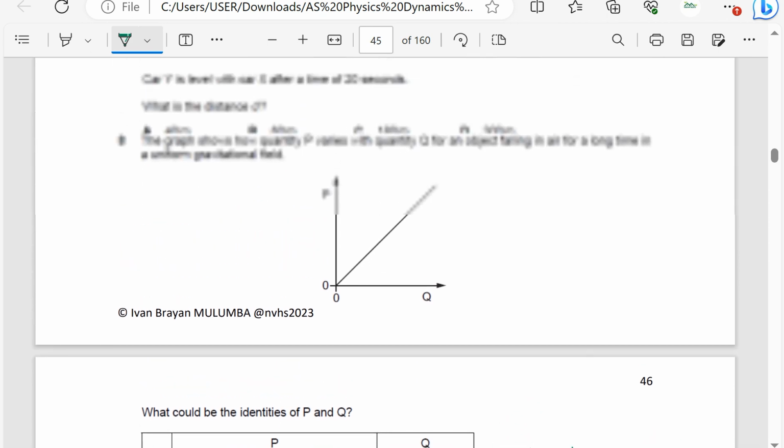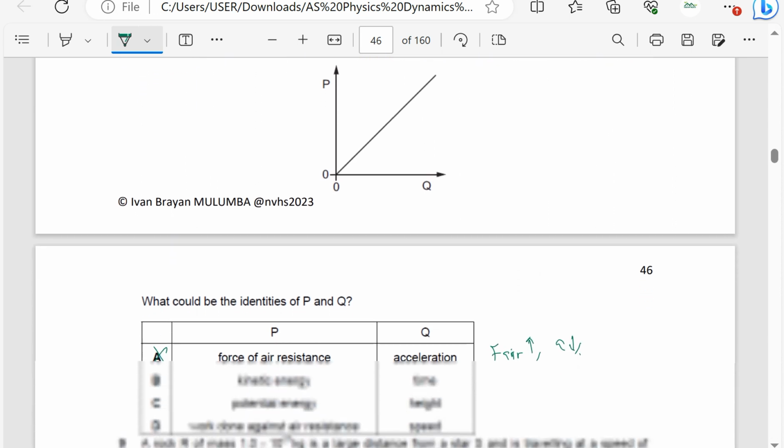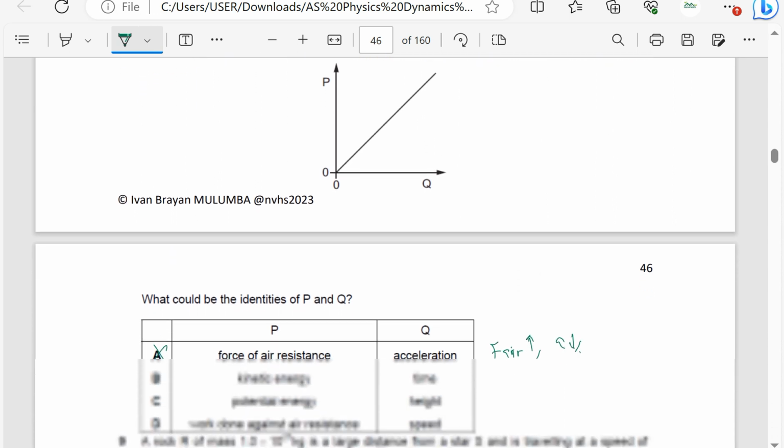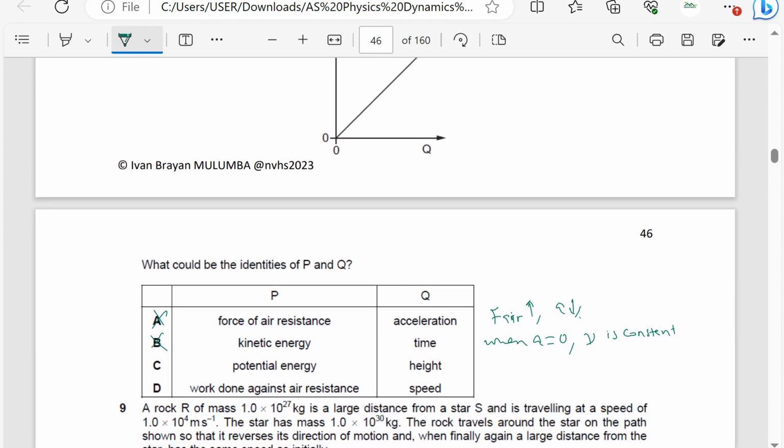Since there is air resistance, there is going to be a point where the velocity becomes constant. That means kinetic energy should become constant with time, and we don't see that from the graph, so that is wrong.